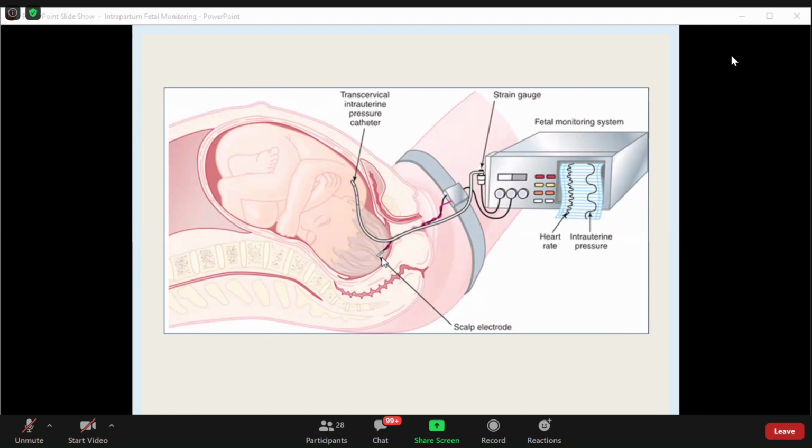So the scalp electrode is here, and this is your IUPC attached to the monitor. This replaces your tocotransducer. This is giving you information about the contractions, and this one is giving you information about the fetal heart rate.